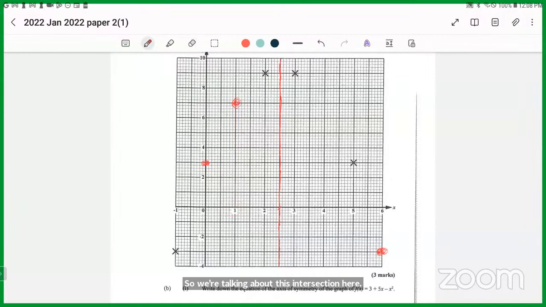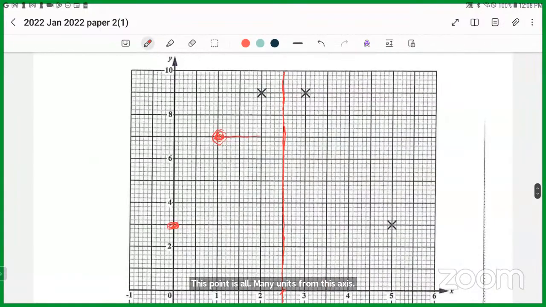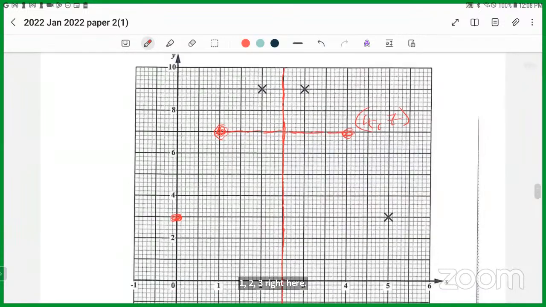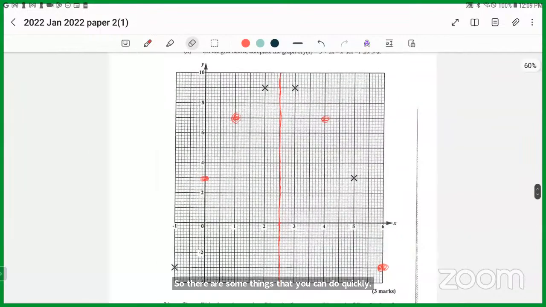This point is how many units from this axis? 1, 2, 3 units to the axis. So the corresponding point for that is 3 units on the other side of the axis. 1, 2, 3 right here. This is a (4, 7) point, I can bet you. See there? See the 4 there? It is a (4, 7) point. All right? So there are some things that you can do quickly when you understand certain properties of the function.